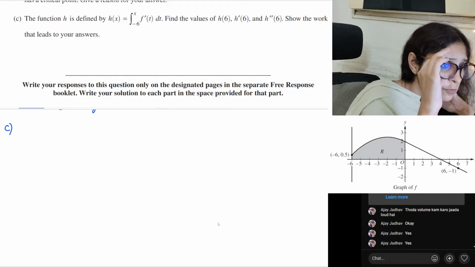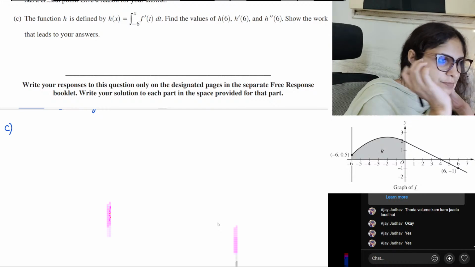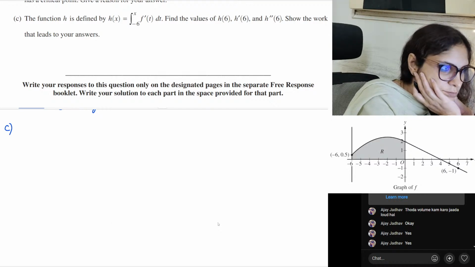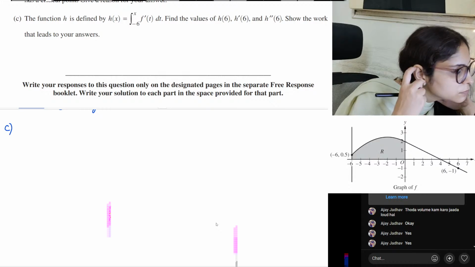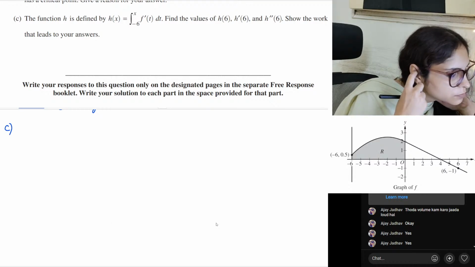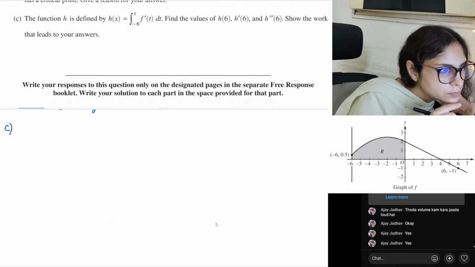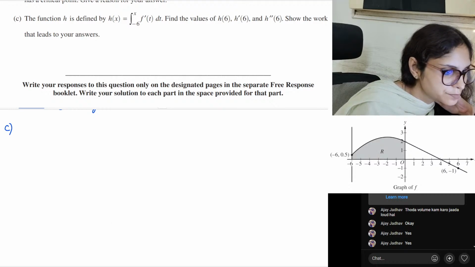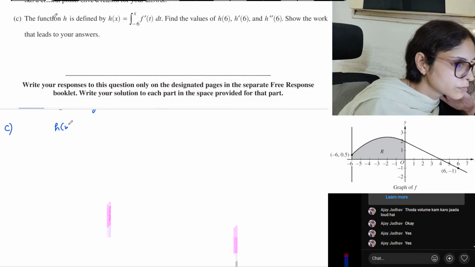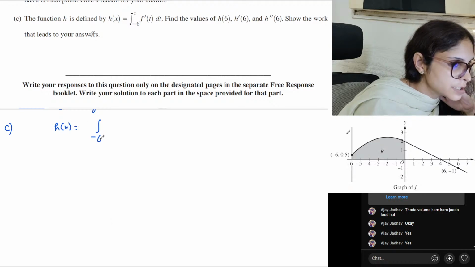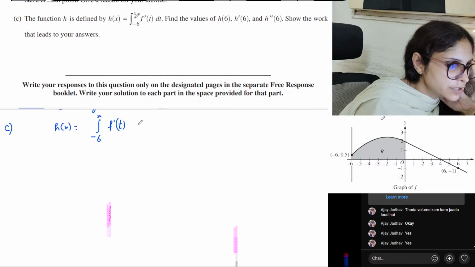So you have to find the value of h of 6, h derivative of 6, h double derivative of 6. H of x is the integral from -6 to x of f derivative of t dt.